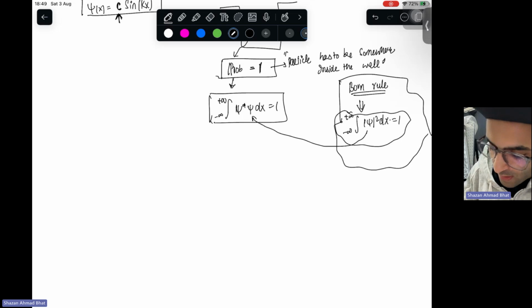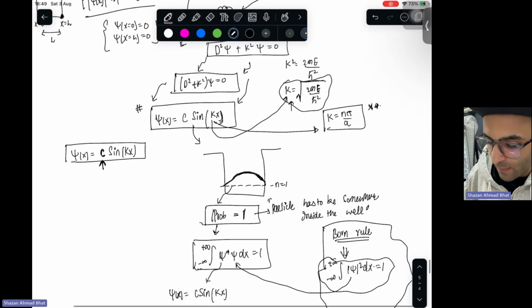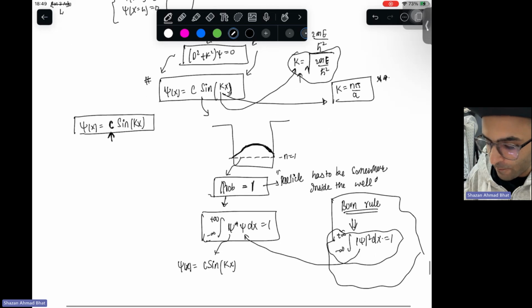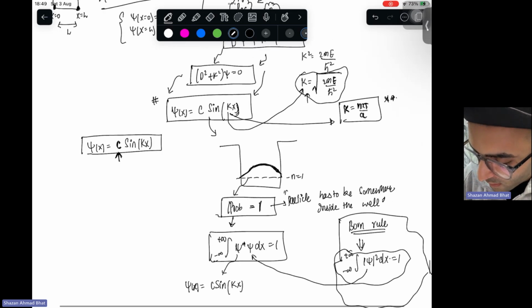So we write it as psi star, the complex conjugate, psi dx equivalent to 1. Now you are given psi of x as c sine of kx. One thing I want to emphasize here is that this particular k is n pi over a, and you shouldn't confuse it with the other k.